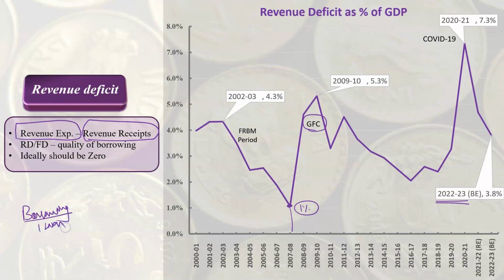If you borrow this money for buying an iPhone, that will be a wasteful expenditure. However, if you're borrowing this money to pay for an MBA program or a data science program, this data science program is kind of an investment which will help you in your future. So this is a kind of a capital expenditure, whereas that is a revenue expenditure.